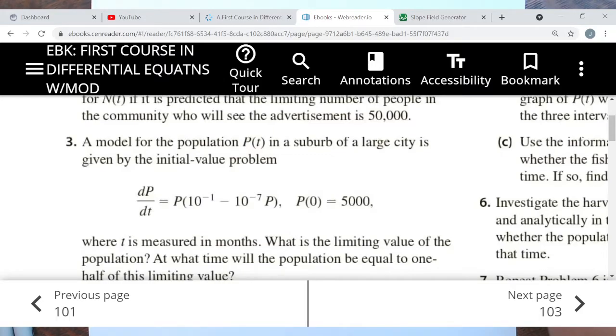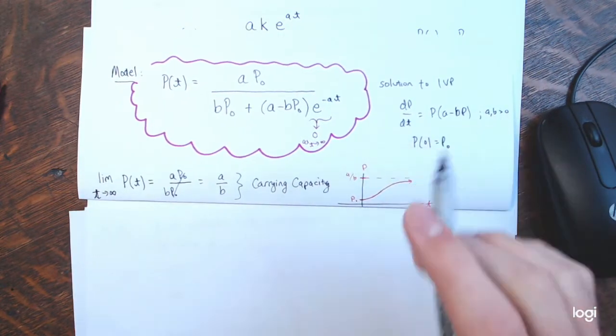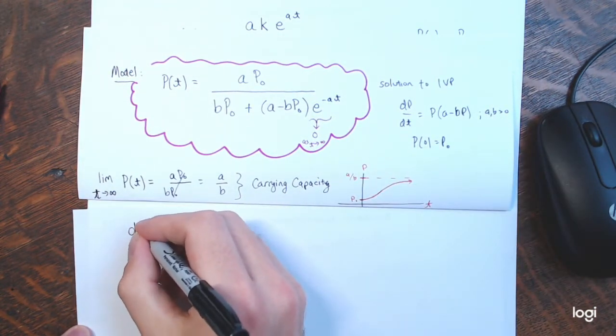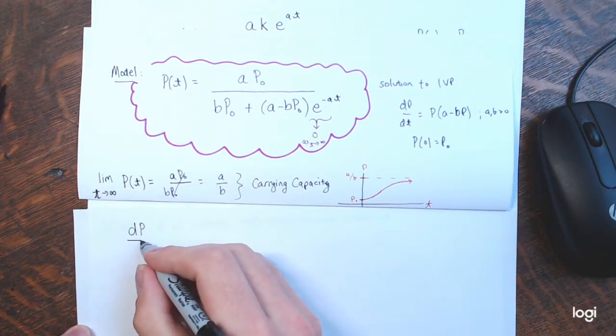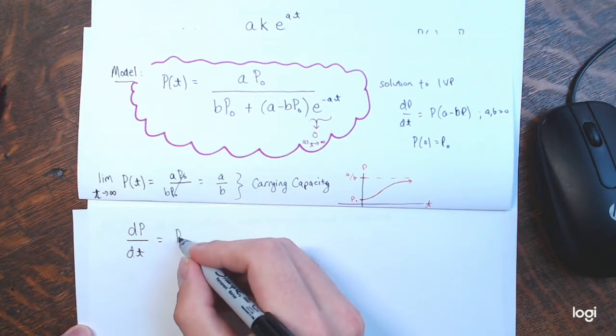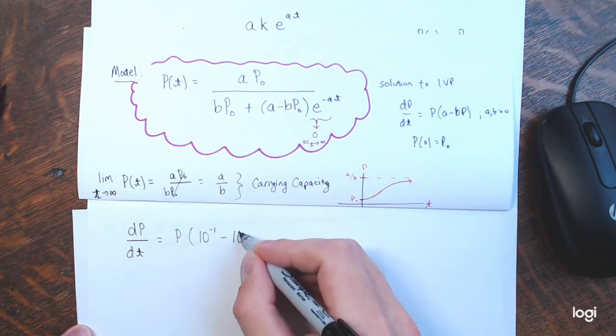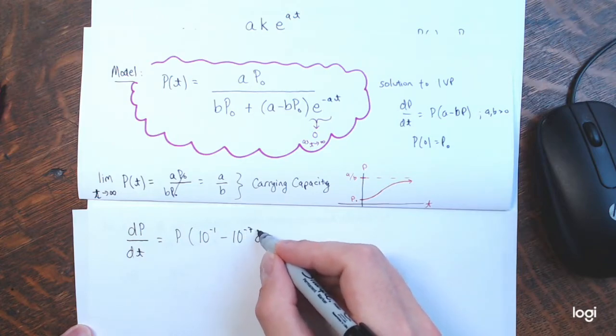Okay, so we can answer that question using our model. So going to another piece of paper, and I'll write this information out. So this time, again, P of t represents the population of some suburb of a large city, and dP/dt is P times (10 to the negative first minus 10 to the negative 7th times P).